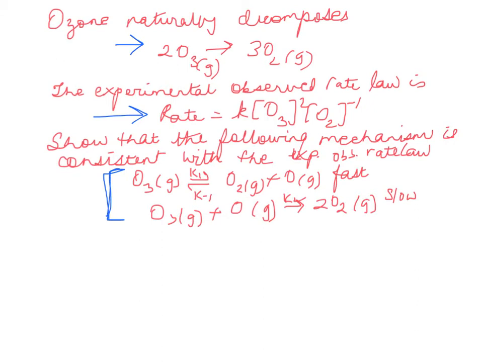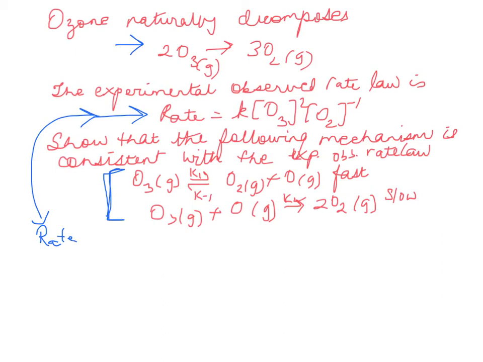So if by some method you are able to determine the rate law, and that rate law ends up being exactly the same as the rate law that was observed by experiment, you can say that yes, mechanism and experiment go hand in hand, right?